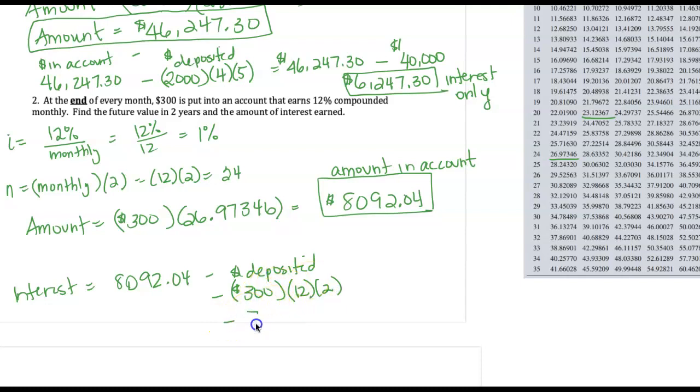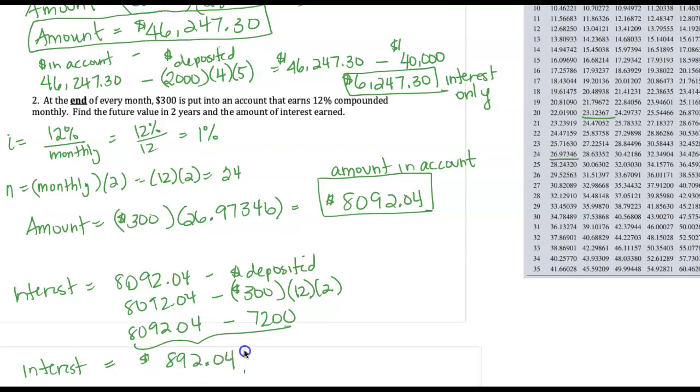So we ended up depositing $7,200, and then subtracting, we end up with an interest of $892.04.